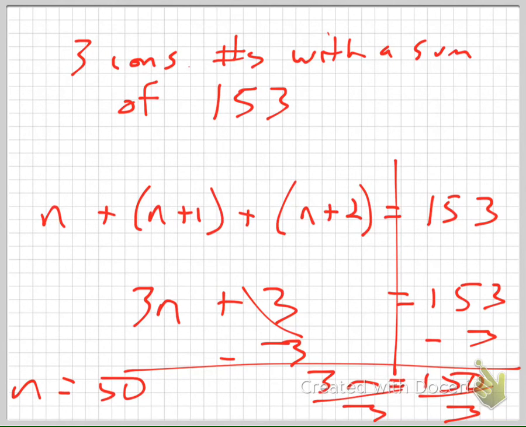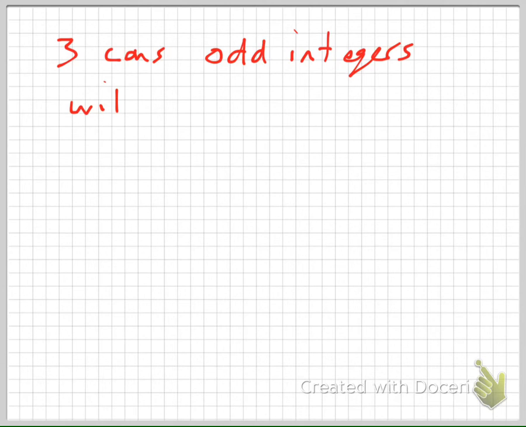Question. So is that always going to be 3n plus 3? No. I'll show you what I'm talking about here. Here's the next one. I want you to try and figure this out. 3 consecutive odd integers with a sum of 69.